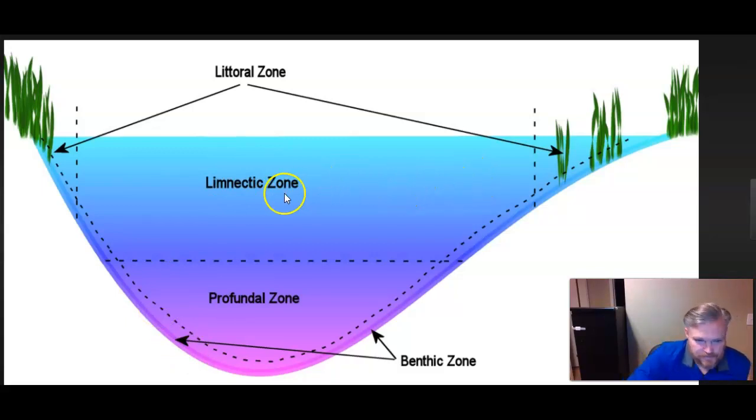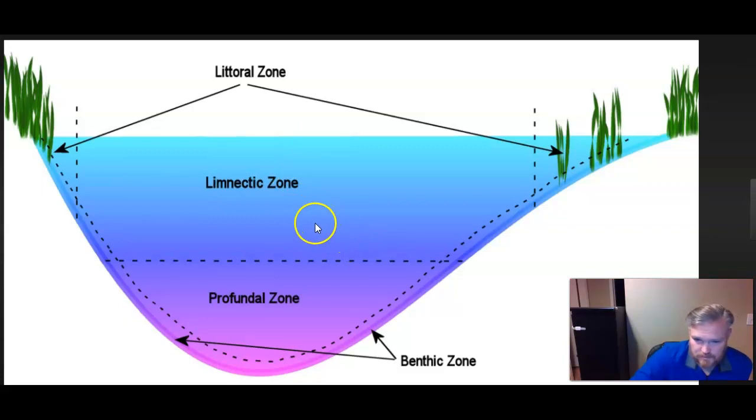Some general features of these zones that you want to be aware of. Obviously it's going to be warmer at the top because that's where we have light penetration. That's usually where oxygen is most rich as well, because remember, oxygen gets into the water through the surface interaction with air. Then as we travel down, it's going to be colder.